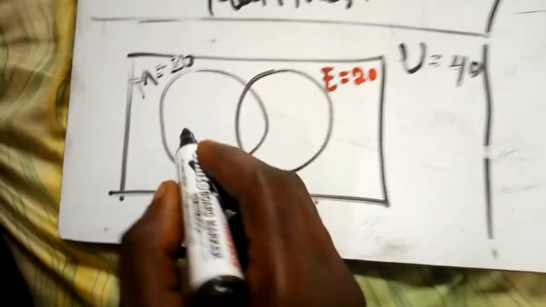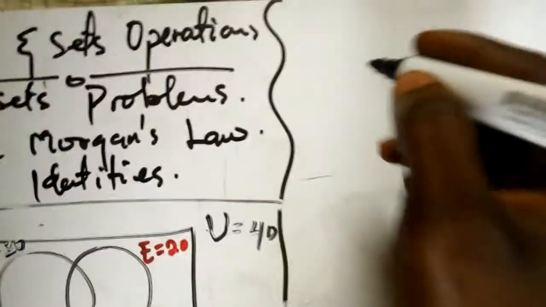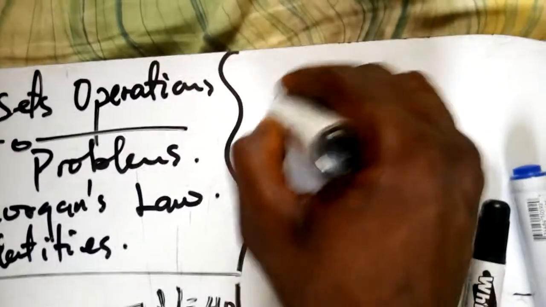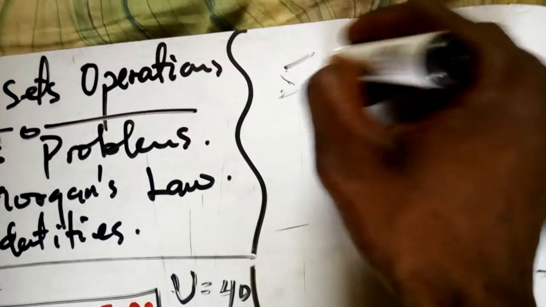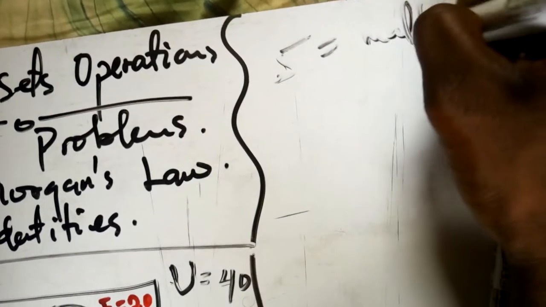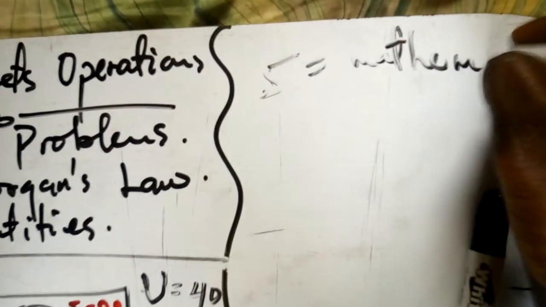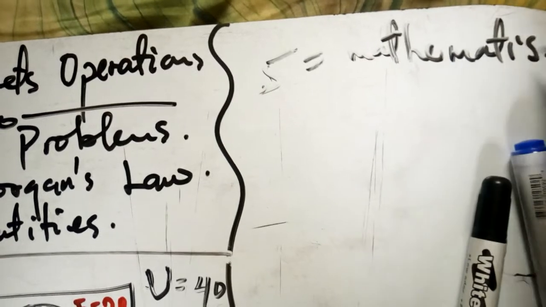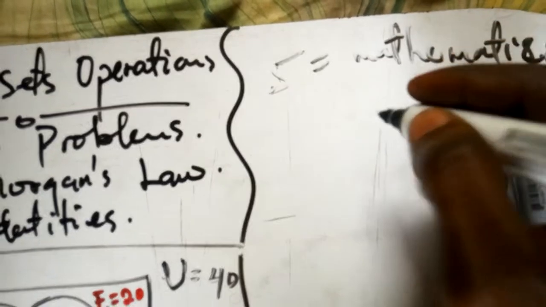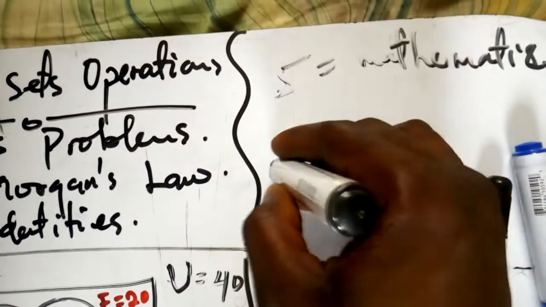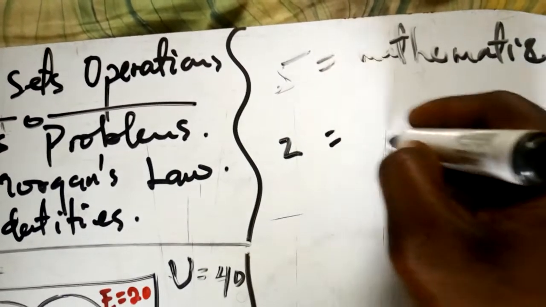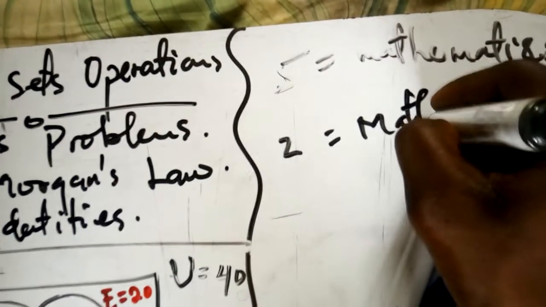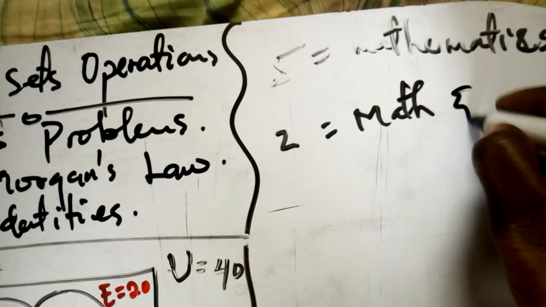So when I say that, let's have a quick one over here. When I say that 5 people are doing mathematics over here, then I say out of this, 2 people do math and science. Is that okay?